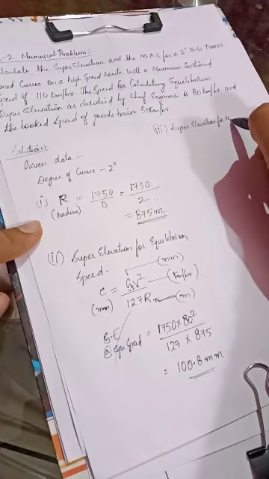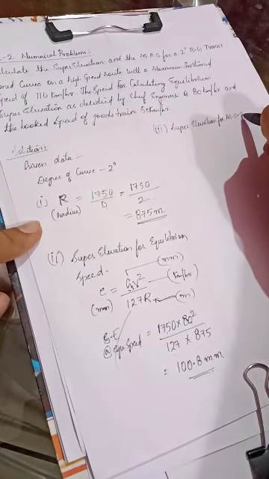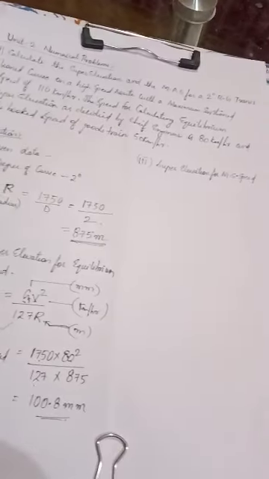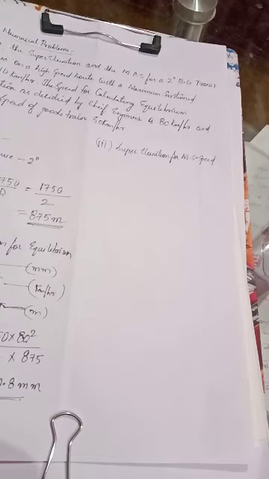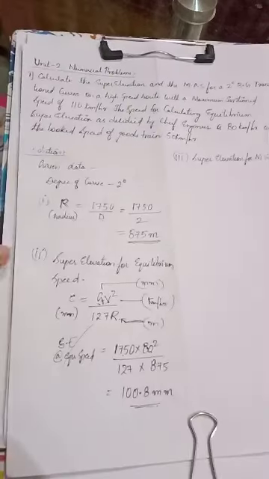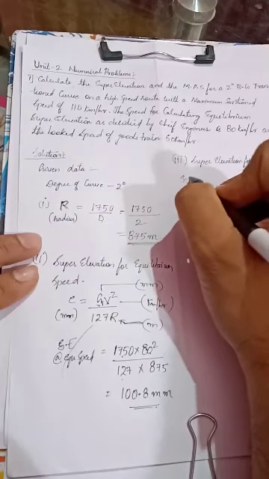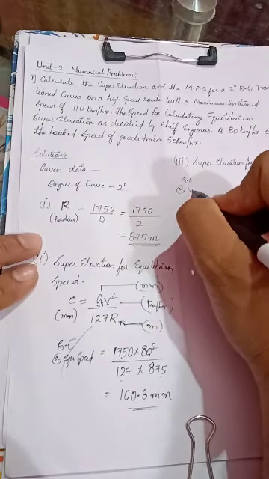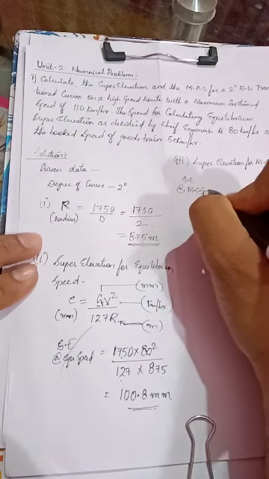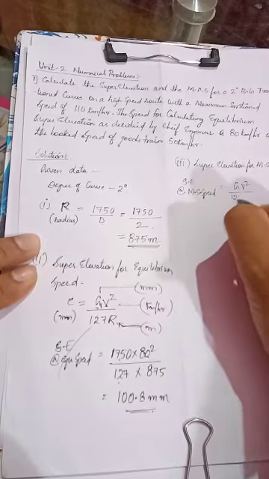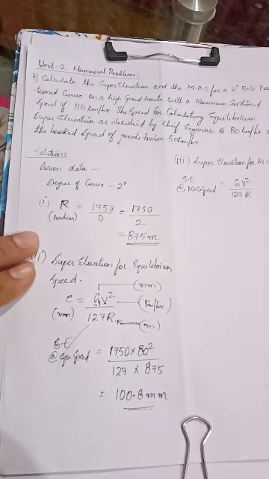For maximum sanction speed. Super elevation for maximum sanction speed. Okay, now once again the formula: super elevation at maximum sanction speed is nothing but GV square by 127R.